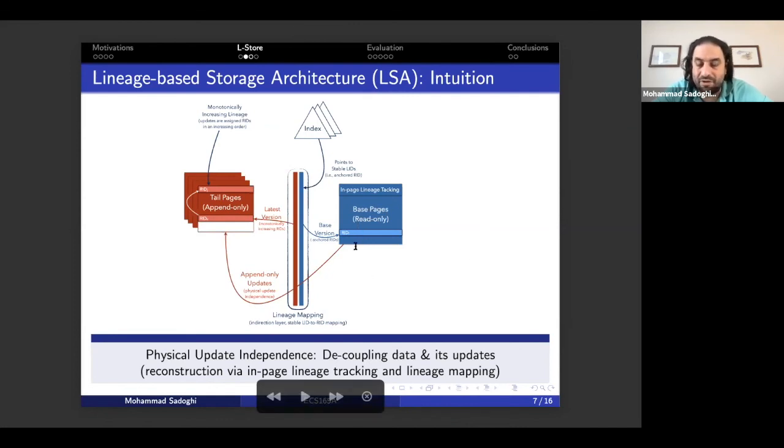So, just a figure of what I've just said. When initially I create a record here, any update to that record will be append-only to its corresponding tail pages. And the RIDs are always monotonically increasing. Or you could make them decreasing, it's up to you, as long as they go in one direction.